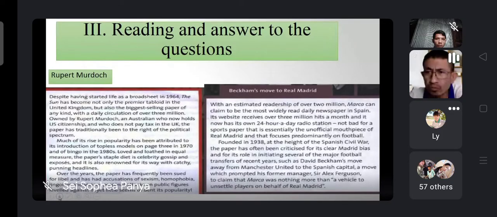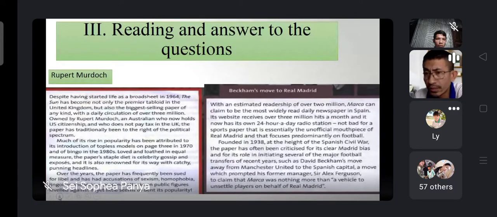Okay, so what is the reading about? You have to come and read for us. Oh, teacher. I just read the newspaper, teacher. Can I continue, teacher?